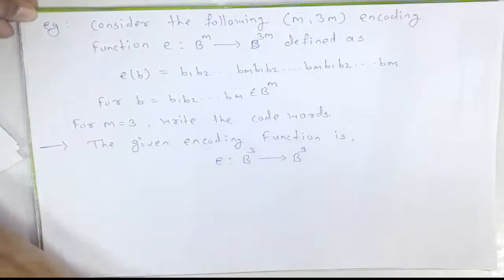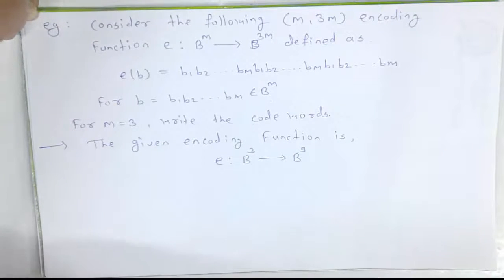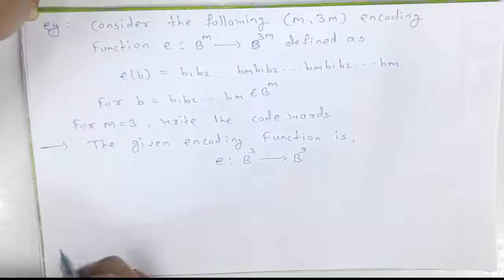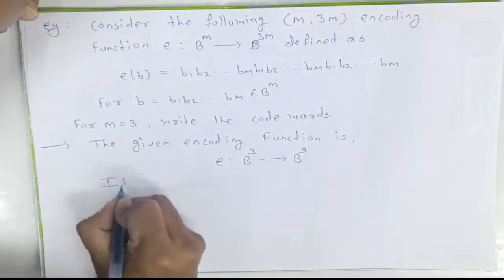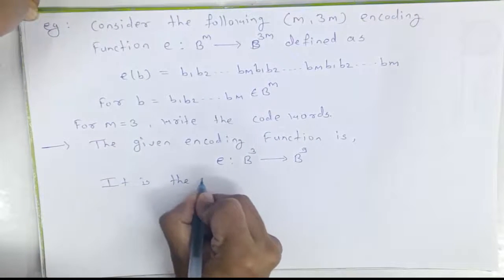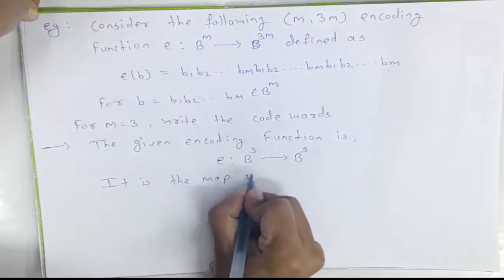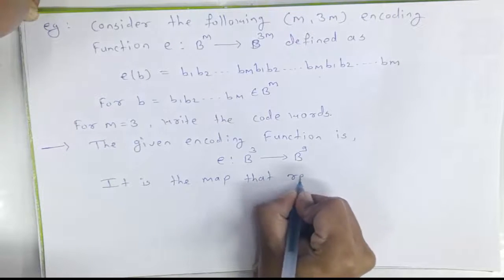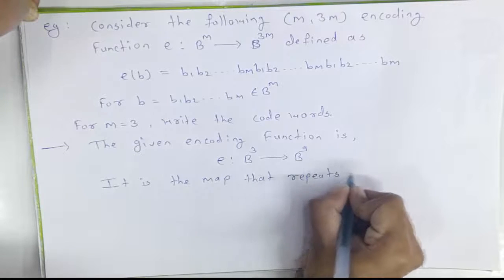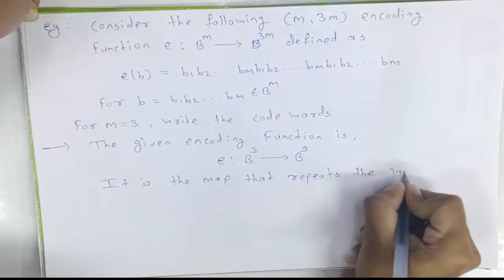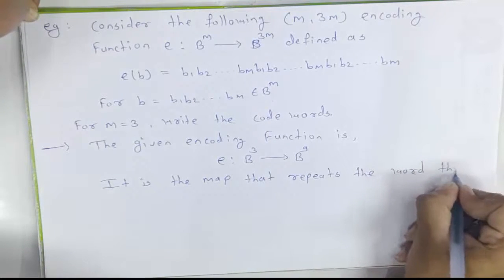Okay, so it is a map that repeats the word 3 times, right?